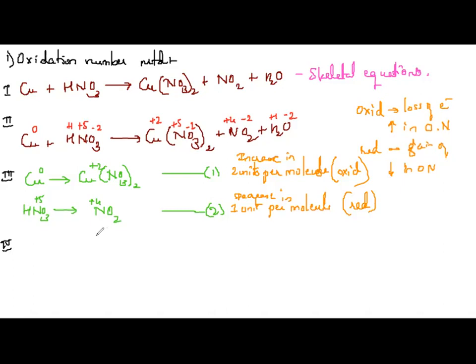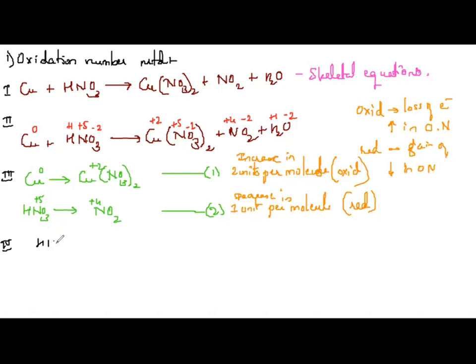To make the increase and decrease equal, here it is an increase of 2 units, here a decrease of 1 unit. Can I multiply equation 2 by 2? If I multiply it by 2, it will become 2. So this equation I will multiply by 2.